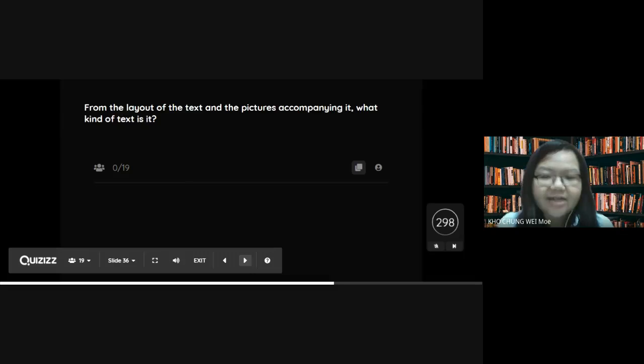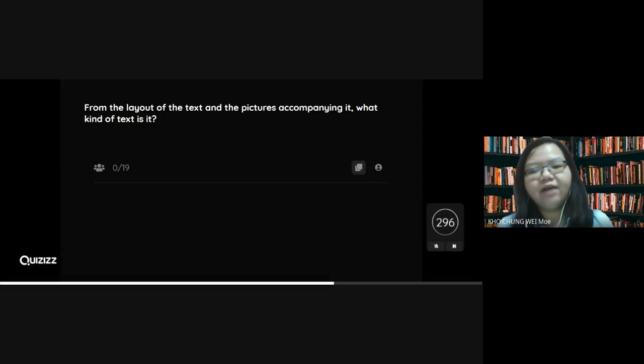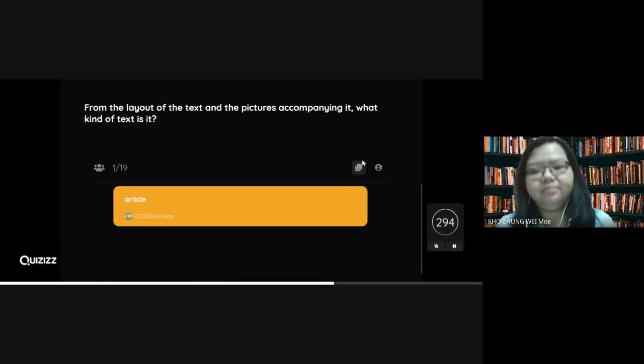From the layout of the text and the picture accompanying it, what kind of text is it? Very good.